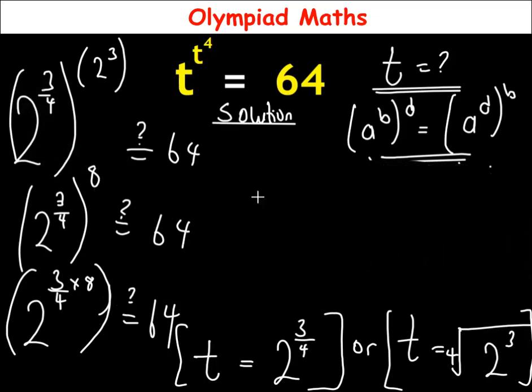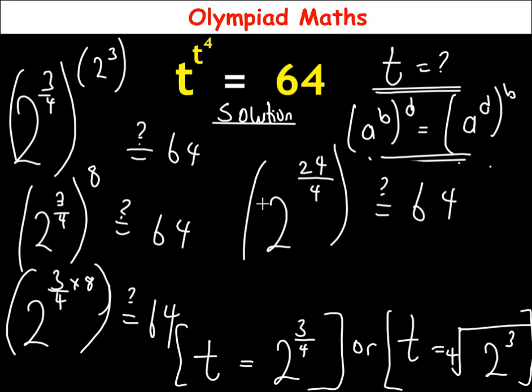Solving this, we have in brackets 2 raised to power 3 times 8 is 24 over 4. So we have 2 raised to power 24 over 4, which is 6. So will this be equal to 64?